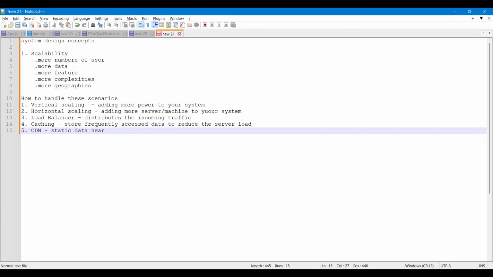So for the particular state-wise content you want, the user can access it more easily, to reduce the latency. You put particular regional data to that particular CDN so that the user accessing from that location will access it with less time. So we have the CDNs to store the static assets near to user.